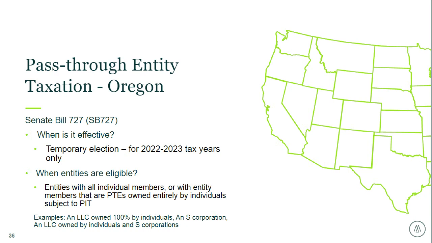In Oregon, entities that can make the election are entities that have all individual members, or an entity member that's a pass-through owned entirely by individuals subject to personal income tax. So examples of entities that can make this election are an LLC owned 100% by individuals, an S corporation owned 100% by individuals, or an LLC owned by individuals and S corporations.